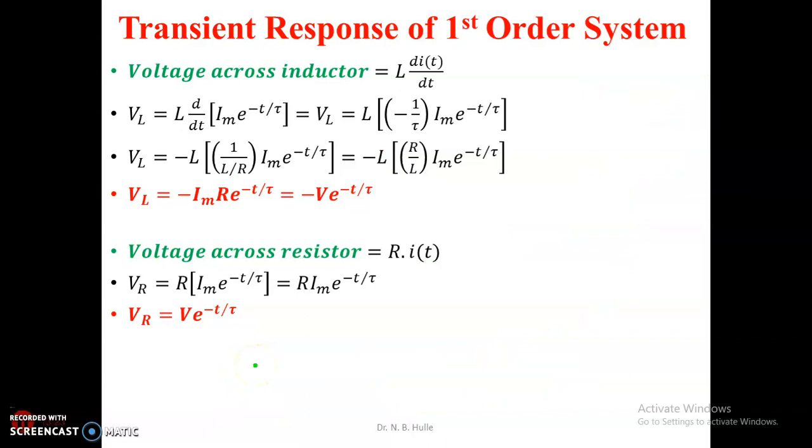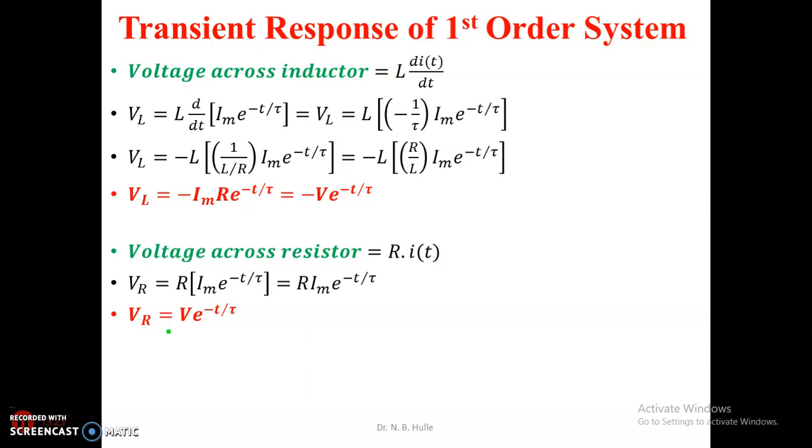Now finally, I will come to the voltage across a resistor, which is R into i(t). Here i(t) is nothing but Im into e raised to power of minus t by tau. So it is R into Im into e raised to power of minus t by tau, which is nothing but V into e raised to power of minus t by tau. This is the expression for the voltage developed across the resistance.